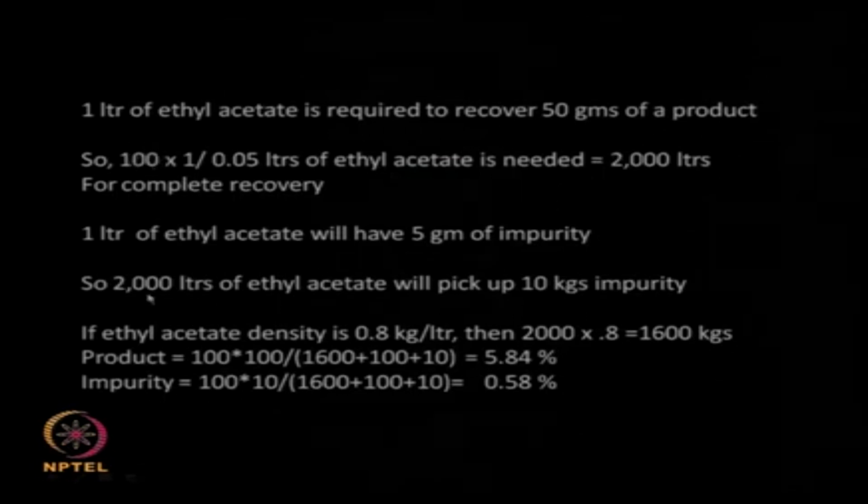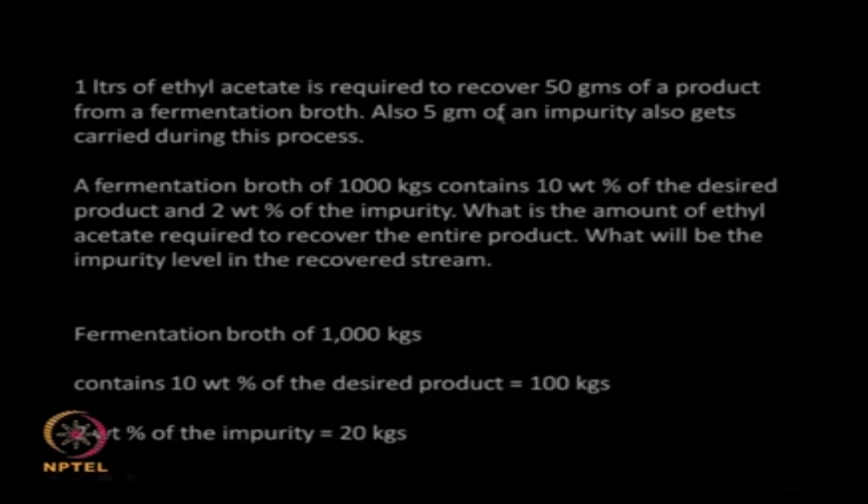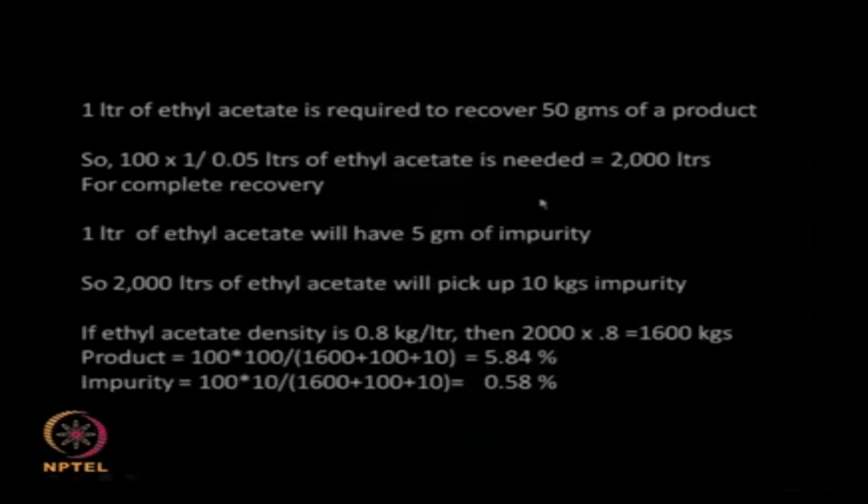Now if you remember, the problem says 1 liter of ethyl acetate will also have 5 grams of impurity, correct. So when I take 2000 liters of ethyl acetate, what will happen?